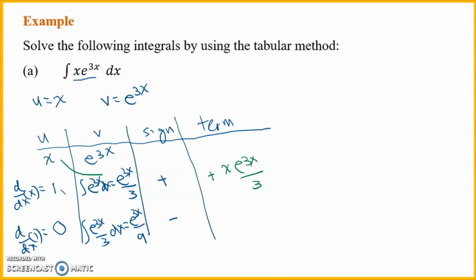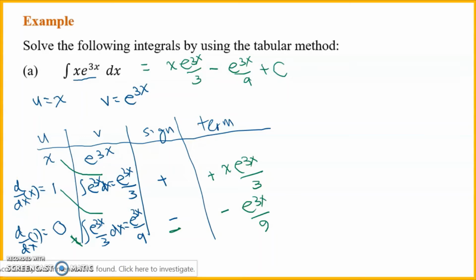Then I take this times this with the negative sign, so negative e to the 3x over 9. This one has nothing more, so we stop here. Hence the solution equals x e to the 3x over 3 minus e to the 3x over 9 plus c, which is much easier than the previous integration by parts formulas, right?